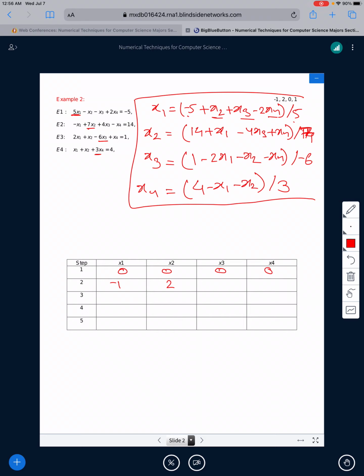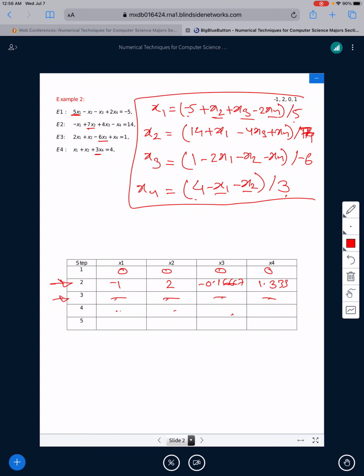Negative 0.1667. And then 4 divided by 3, with the other variables 0, is 1.333. We have calculated this step, and now we are going to use these values to calculate the next step. When you have calculated the next step, you will use these values in the following step.